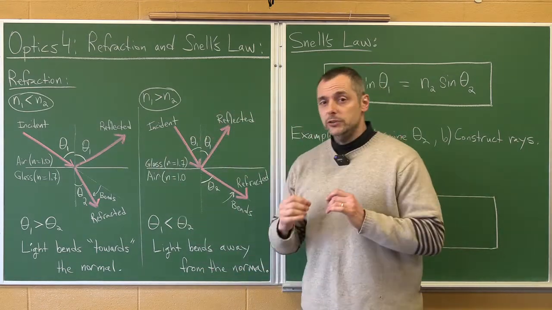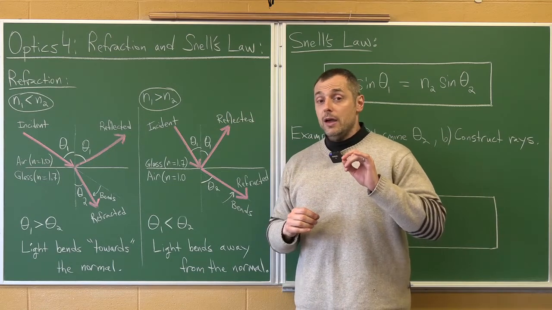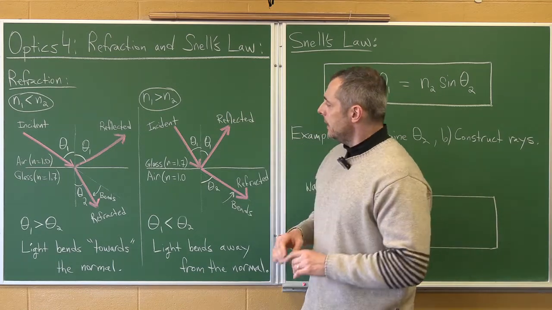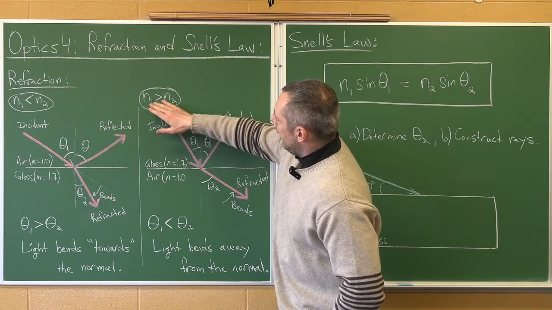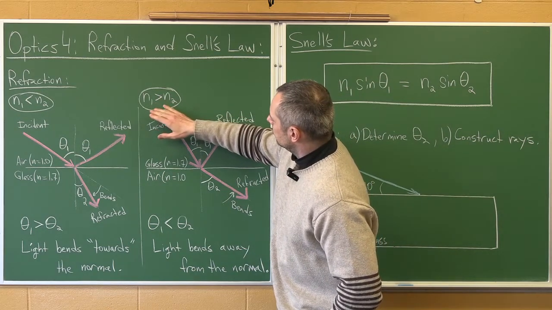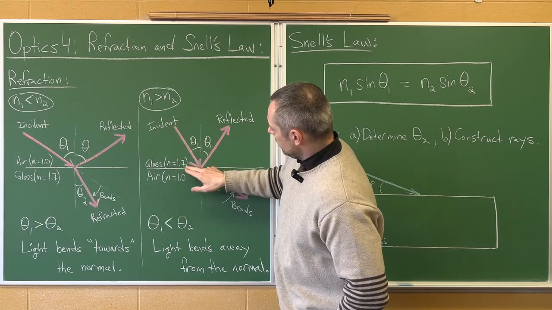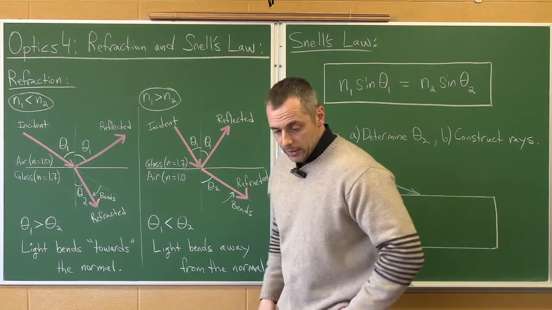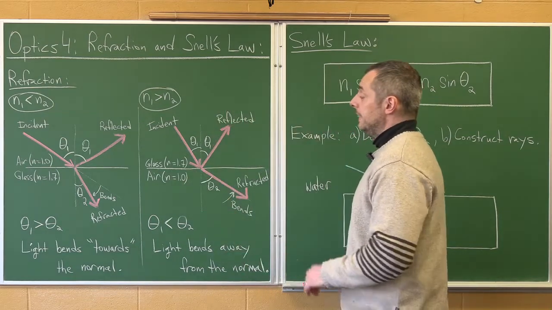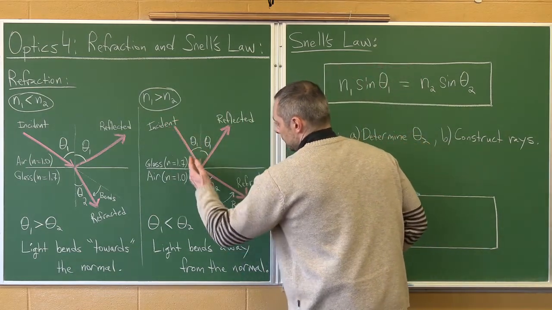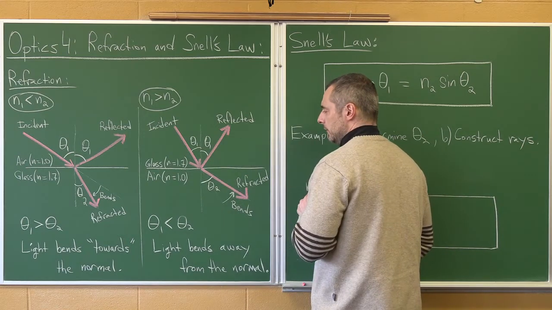Then what happened is I showed you when light goes from a high to a low, the opposite way, like in this case, maybe we have the glass up here, and so N1 is greater now because the glass is 1.7 index and it's going into air with an index of 1.0. Then what happens, again, we have some of the light reflect according to the law of reflection.